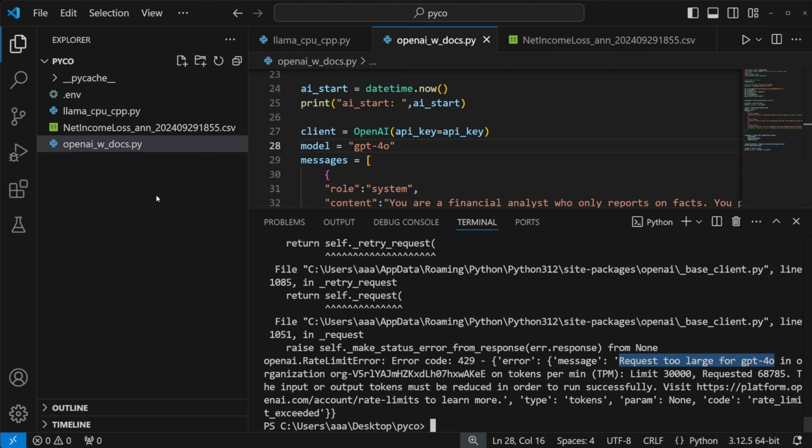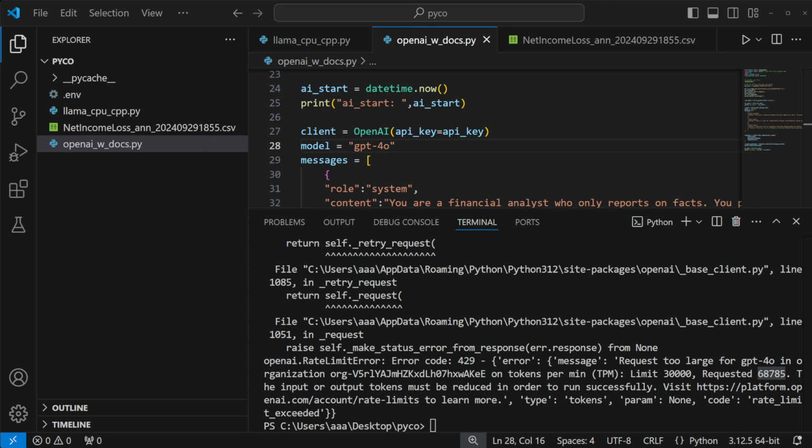So the 223,000 characters that I had ended up being 68,785 tokens. So that means we've got a relationship of about 3.25 characters per token.